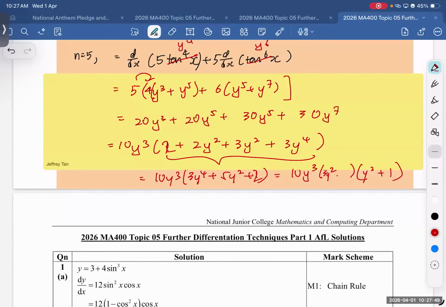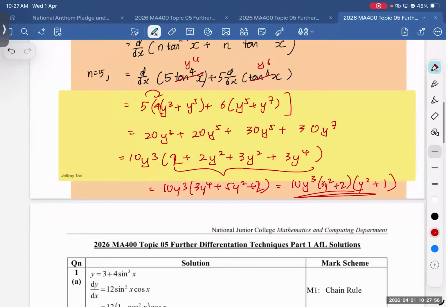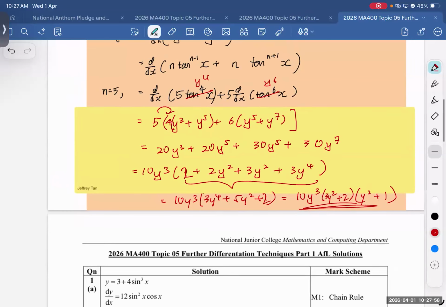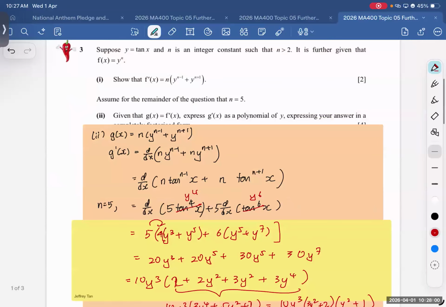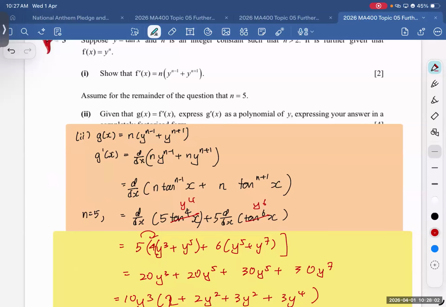So this is 1, this is 2. Yeah, that's the answer. So back to your question. Basically the teacher who set this question took a JC1 question and brought it down. That's why it looks a little out of place.